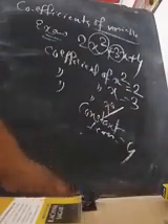Let us give some more examples. Suppose the example is minus 3x square plus 4x minus 2. So what is the coefficient of x square? Here it is minus 3.